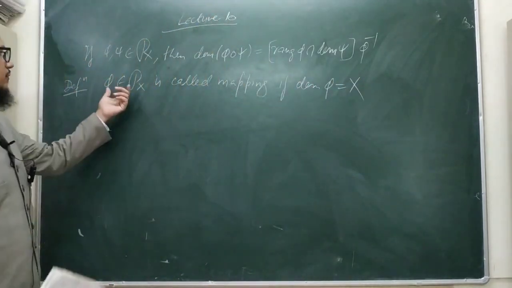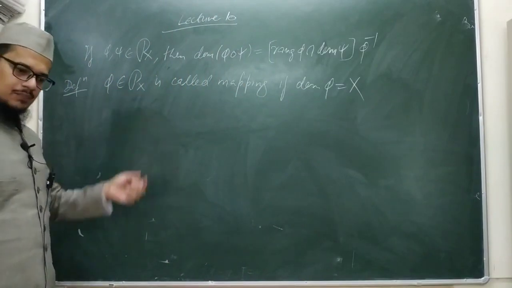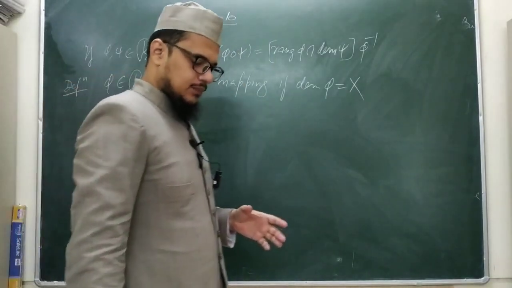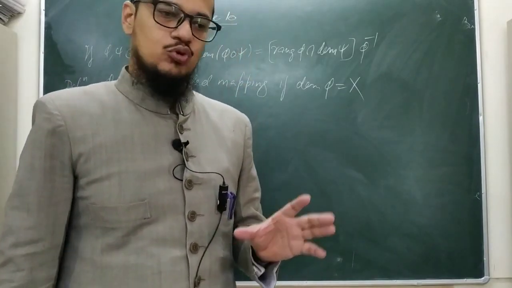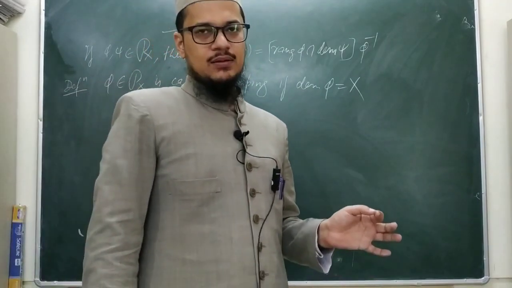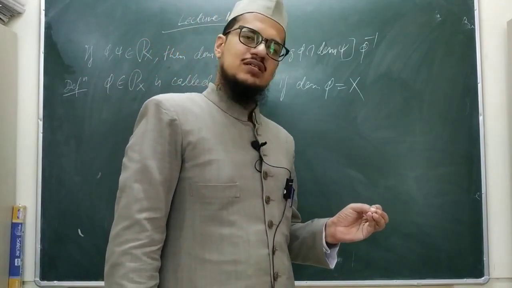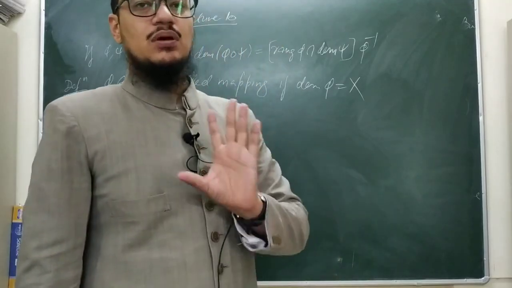Now you see, we know all about partial maps. All binary relations are not partial maps. Those binary relations are the partial maps which have unique image, correct? For example, if the image of x is y1 as well as y2, then y1 must be equal to y2. This is about partial maps.